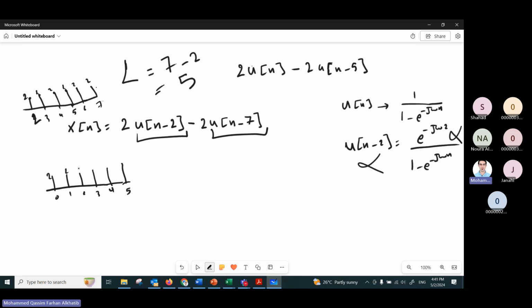And each one of magnitude 2. What is the similarity between those? Any similarity? They are similar in shape. However, I'm starting from 2. Here I'm starting from 0. So this one is shifted by 2.